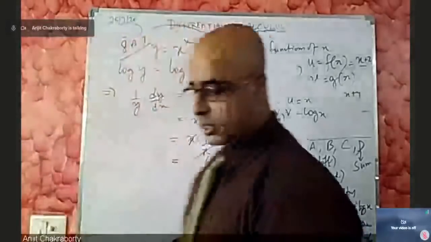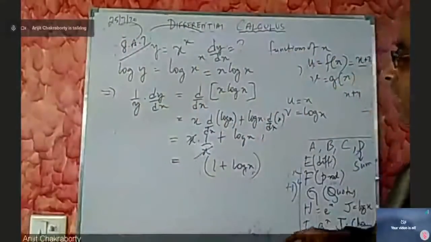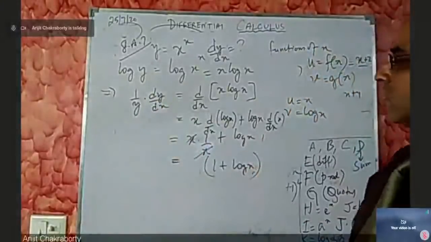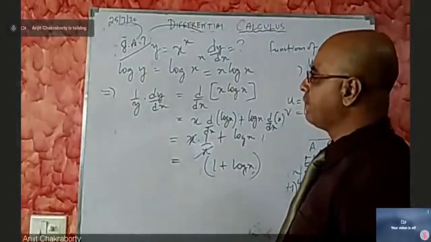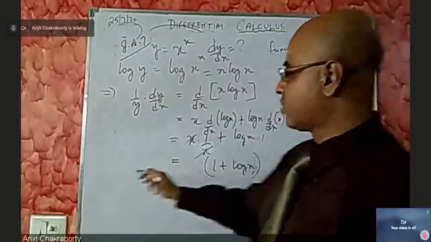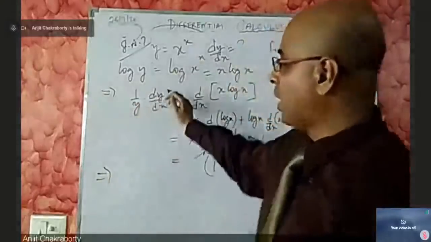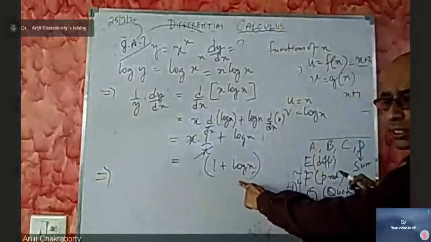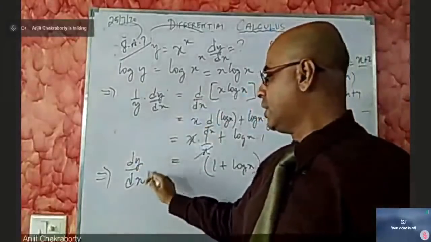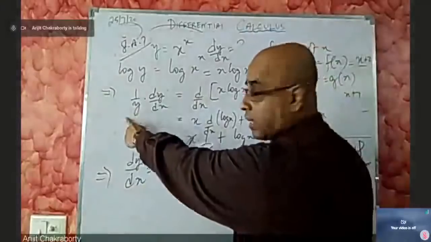Now here we have 1 by y dy by dx is equal to 1 plus log x. But if you see, y is x to the power x. So I can write dy by dx is equal to y, which will now come to the other side.